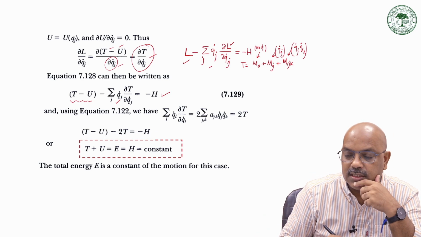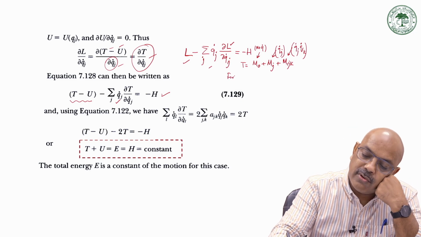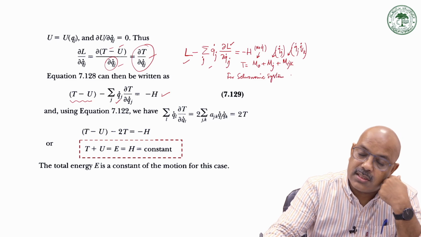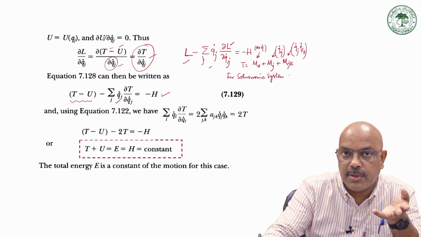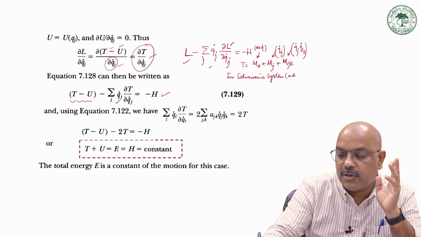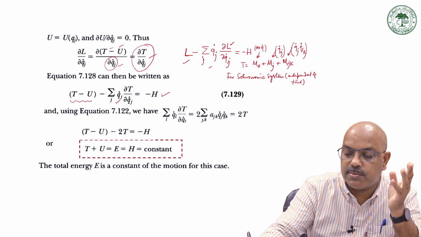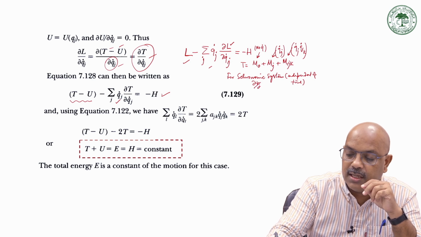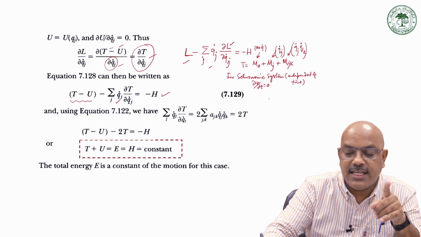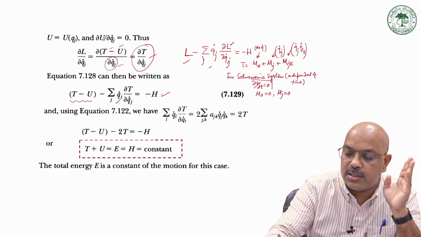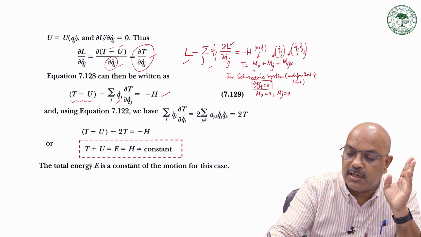Then if you demand that the system is scleronomic, that is, it does not depend explicitly on time, so if you demand that ∂r/∂t equals 0, then if you remember, m naught is 0 and mj is 0, because this term was present in both m naught as well as in mj.